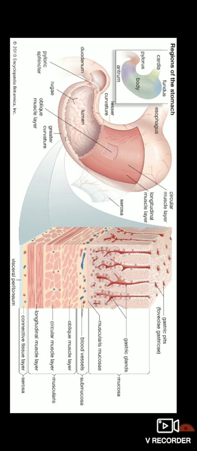These have four types of cells. First is Paneth cell, secretes lysozyme and antimicrobial agents. Second is argentaffin cells or enteroendocrine cells, produce secretin and serotonin hormones.